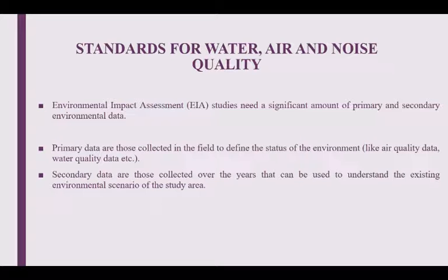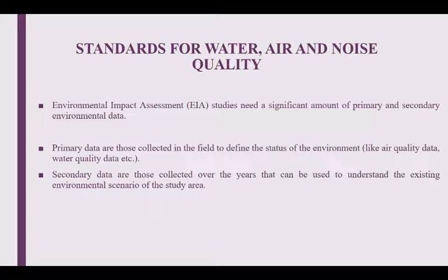on EIA. This primary data and secondary data can be collected by many, not a single person or a single unit. This is carried out by different consultancies or agencies, maybe NGOs, etc., or government companies.